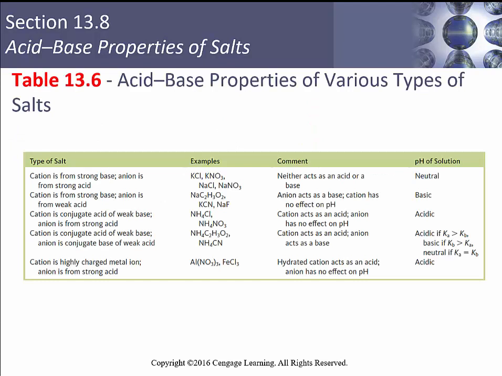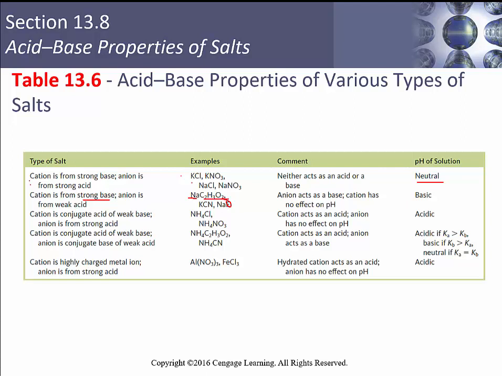All right, so let's look at some of these pairs. If the cation is from a strong base and the anion is from a strong acid, so KCl, potassium nitrate, NaCl, it's going to be neutral. Neither the cation is going to act acidic, nor will the anion be a base. If the cation is from a strong base, so we got something like sodium, this part's going to be neutral. And the anion is from a weak acid, like fluoride or acetate.